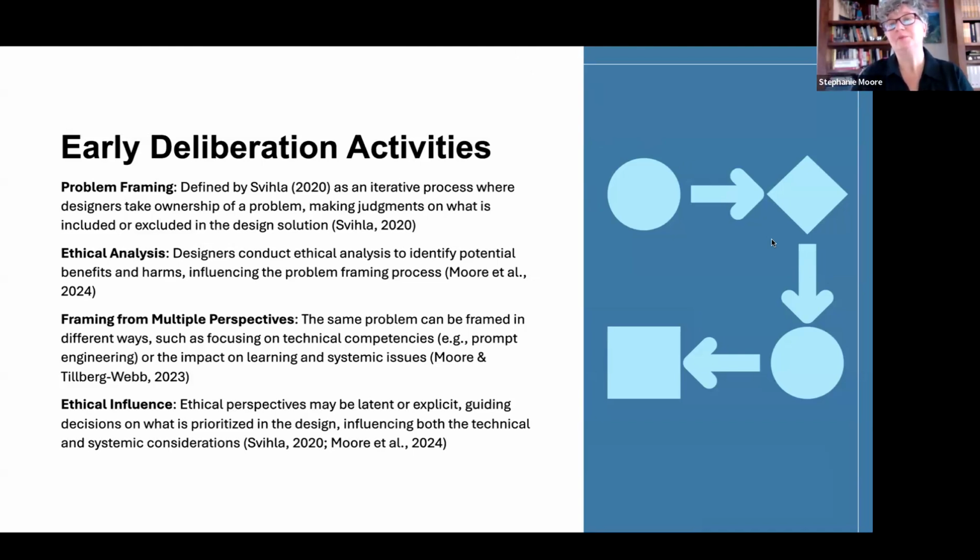Certainly incorporating multiple perspectives. I just finished up a study with Ahmed Lakab and Victoria Abramaka Lakab, who's here today. So hi, Victoria. We just finished up a study that just got accepted on how designers integrate ethics into their practice. One of the big ways that designers do this is by involving multiple perspectives.